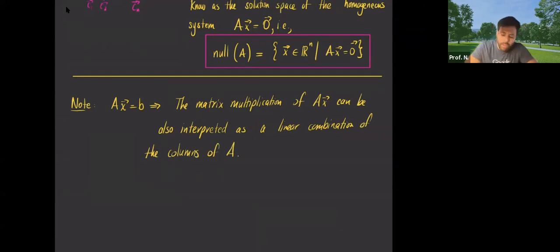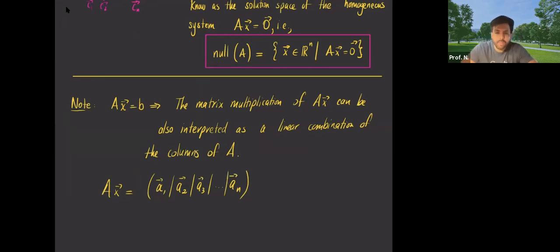So what am I saying by this? AX, when we write this down, let's call the columns A1, A2, A3, all the way to An.